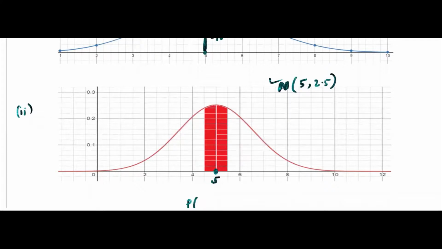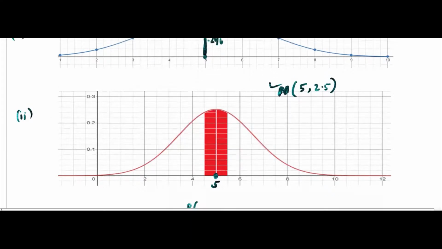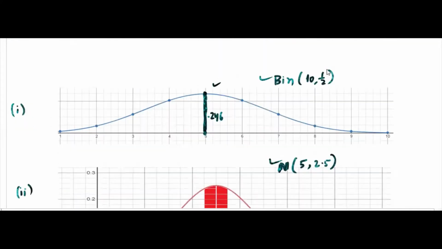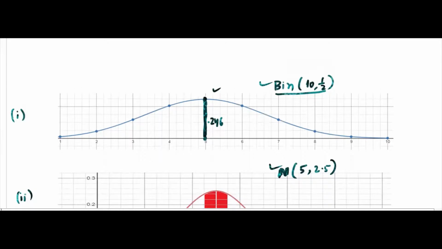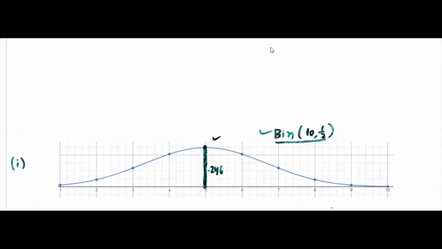Now coming to this one, when we talk about continuous distribution to continuous distribution, it's fine. Suppose you talk about an exponential distribution, which is positively skewed. If you apply a little pressure here, it will become like this.